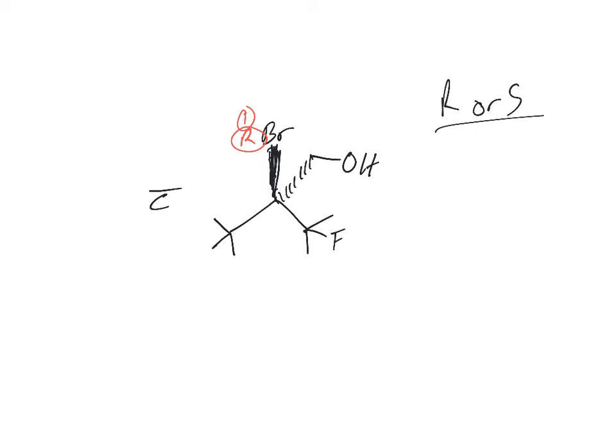It's bonded to a carbon and a carbon. This one is bonded to a fluorine, a carbon, and a carbon. And up here we're bonded to an oxygen, a hydrogen, and a hydrogen. Referring to this carbon: 2 hydrogens and oxygen, fluorine and 2 carbons, and 3 carbons.